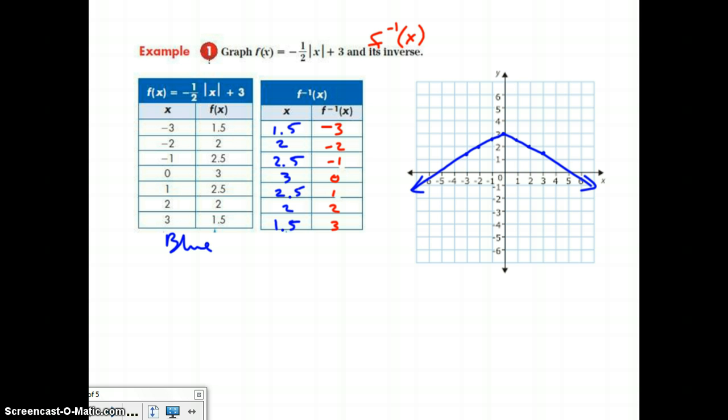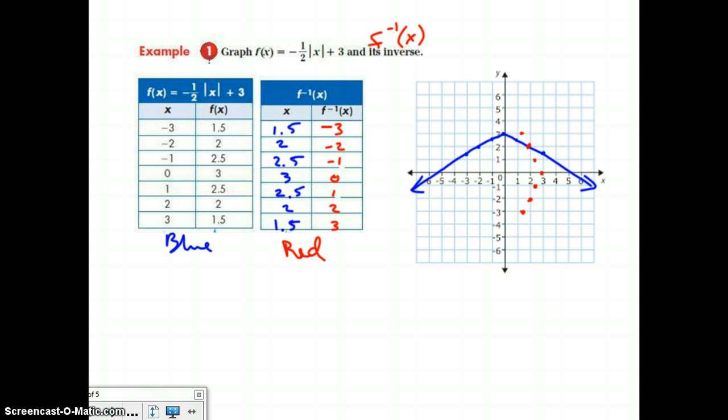I'm going to graph the inverse function in red, and we'll see what they look like compared to each other. So again, think of this as the opposite. We have 1.5, negative 3, 2, negative 2, 2.5, negative 1, 3, 0, 2.5, 1, 2, 2, and 1.5, 3.